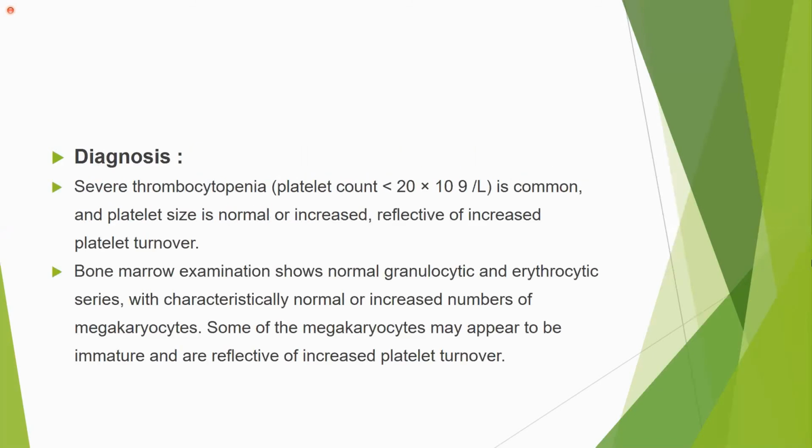If there is severe thrombocytopenia, the platelet size is normal or increased, reflective of increased platelet turnover. ITP, or immune thrombocytopenia, is basically a diagnosis of exclusion. There are a lot of disorders in which thrombocytopenia is present, like leukemia, so we have to rule out the acute or life-threatening conditions. First of all, we have to rule out infections like malaria or dengue.